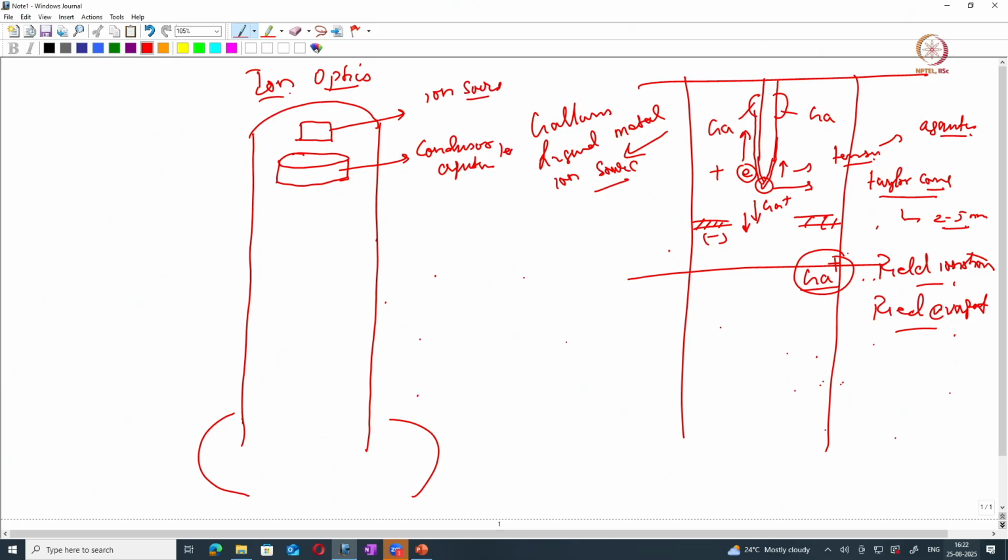This is called the condenser lens, sorry, this is not an aperture. Then you will have an aperture having different size holes to pass the beam, fine.